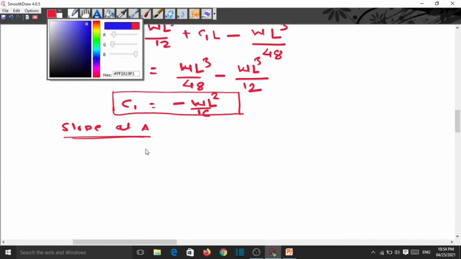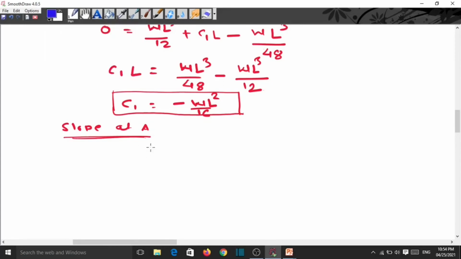So we know the slope equation. What is the slope equation here? EI dy by dx is equal to Wx square by 12, and x square by, is how much?